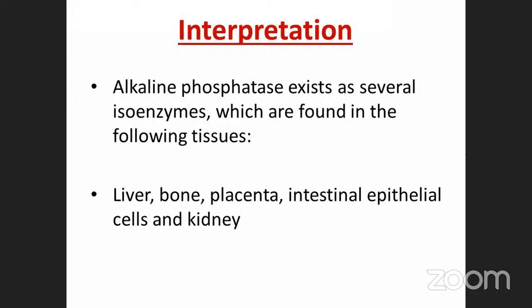And these different forms are present in different tissues, but these enzymes catalyze the same reaction. That's why specific isoenzyme activity is increased in the specific organ destruction. Understood? What is meant by isoenzyme?